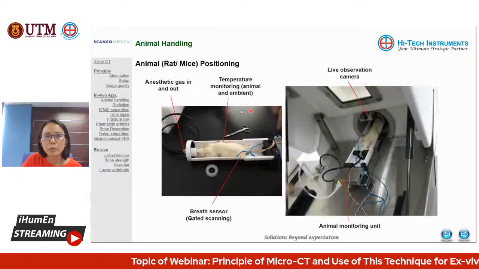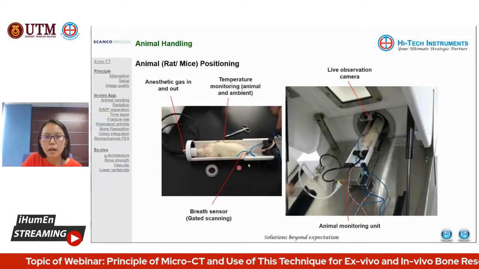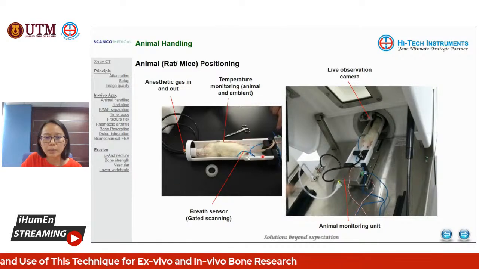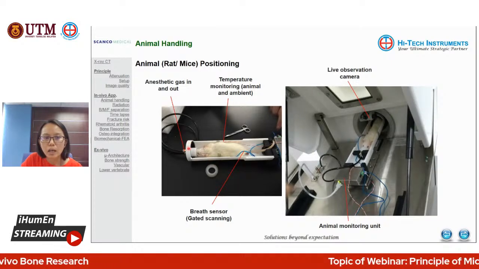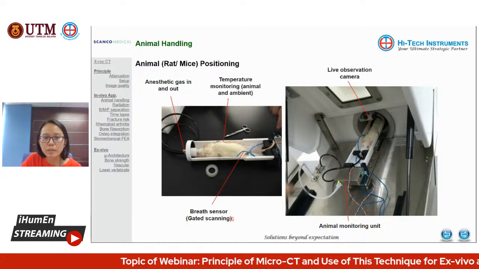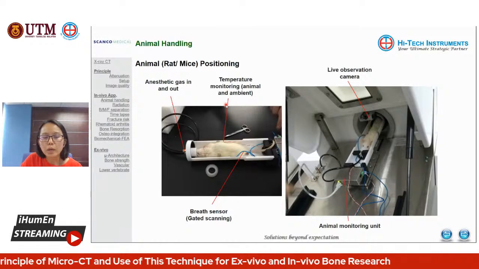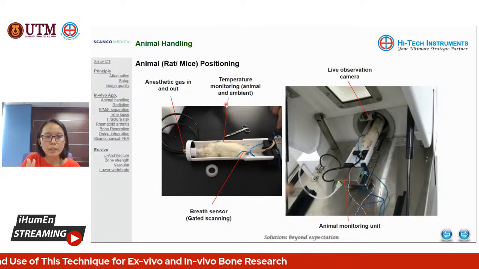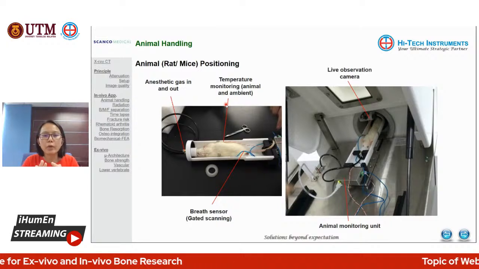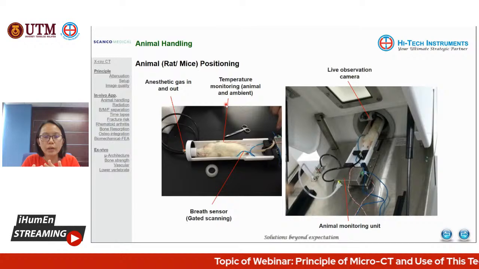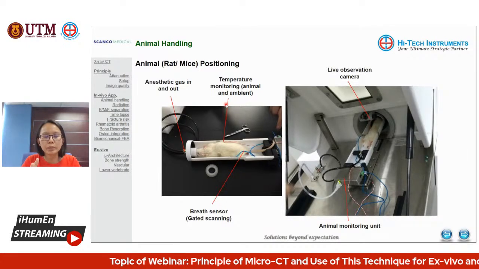Okay. Here, you can see this is a rat being positioned on an animal holder. From here, you will see that this is the anesthetic gas in and out. You can see there is a breath sensor, there is gated scanning, and there is temperature control. So the critical 4 things that we need to think of before we start the scanning: one, we should have a breathing cycle monitoring system.